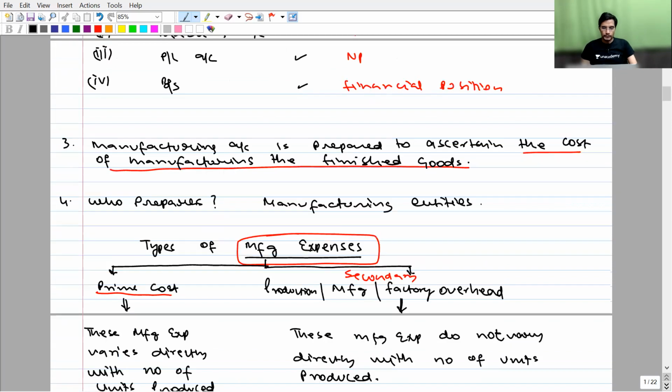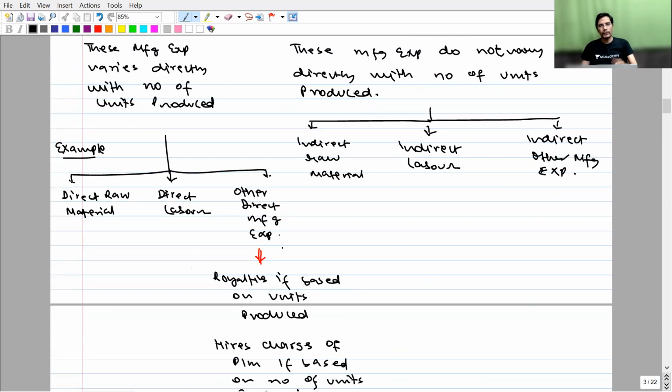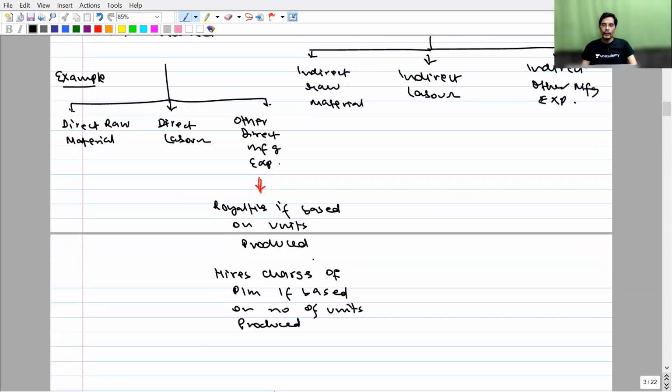Then under prime cost, we have one more: direct manufacturing expenses. Examples are royalties, if based on units produced. Suppose we are a pharmaceutical company manufacturing a drug for a particular disease, and the formula for that drug we have obtained from some scientist to whom we are paying royalty based on every unit sold by us.